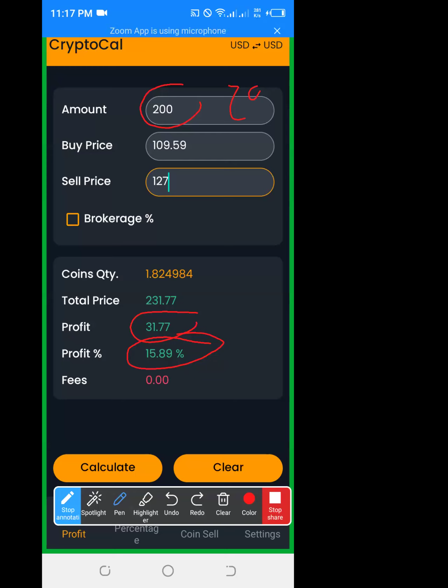It means that even if I use 20% and the robot has not bought any margin call, I'll be making 15% of $200, which is $31.